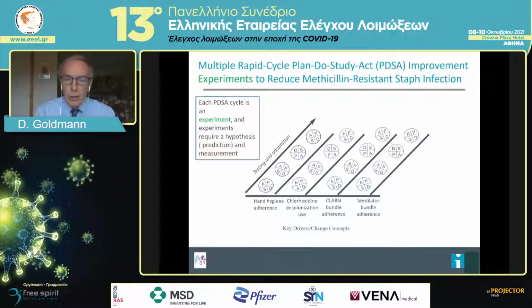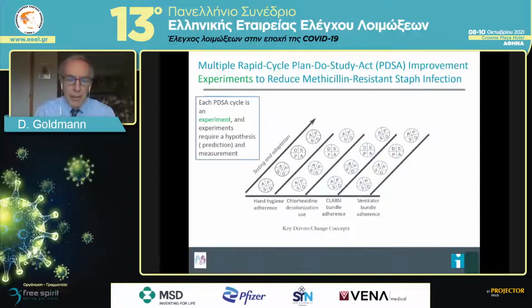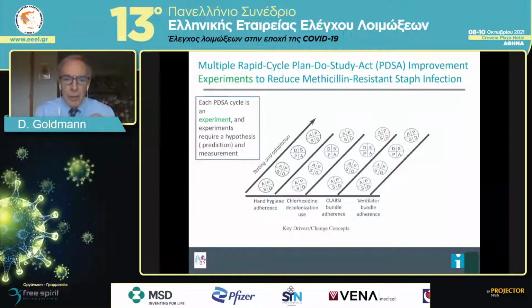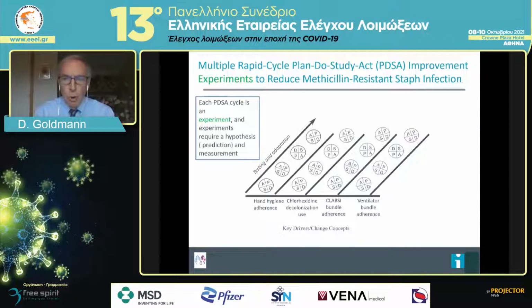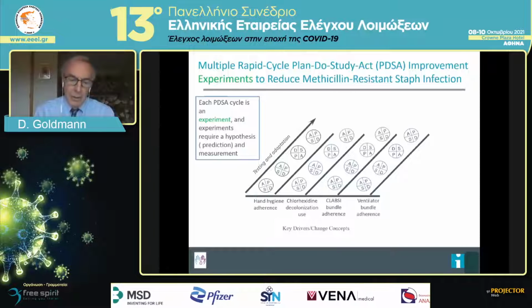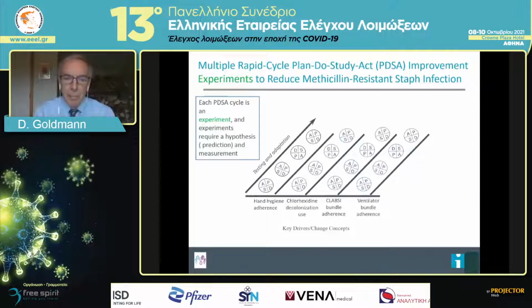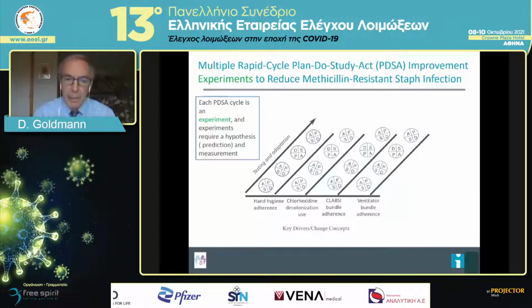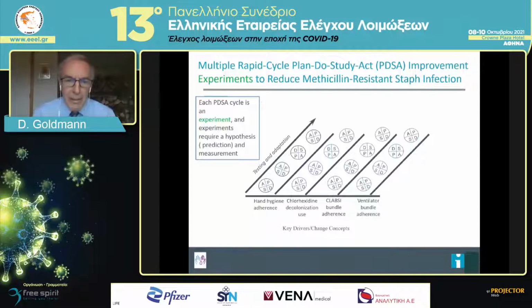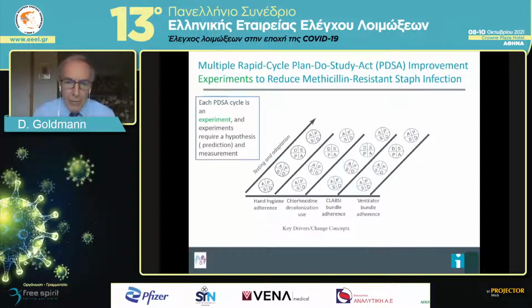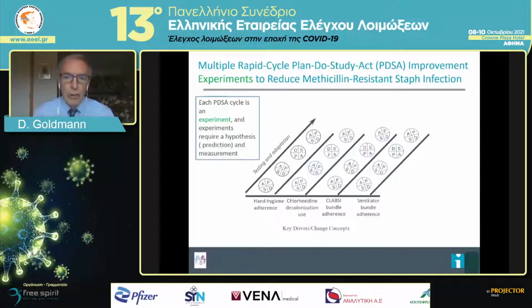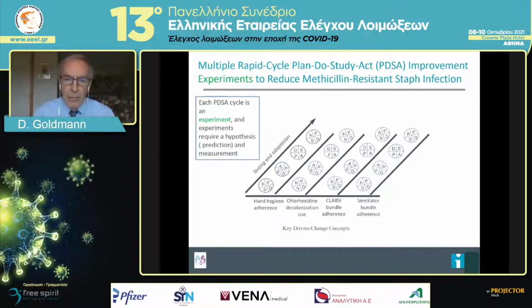All of these are little implementation experiments that are absolutely critical to make sure that when you roll out and start your program, there's a chance that it will be implemented the way you want it to be implemented. So I hope that's clear. Experiments along the key drivers of the causal theory that you have for reducing infection.